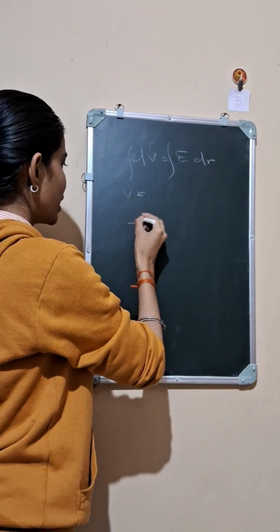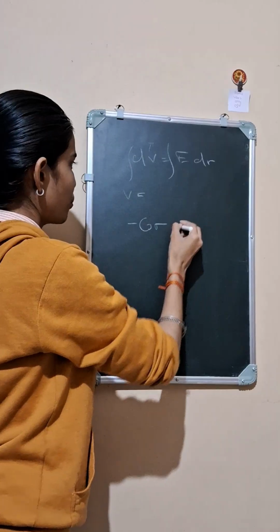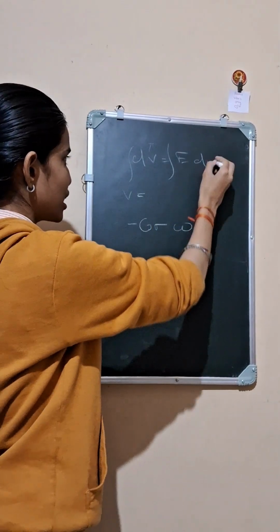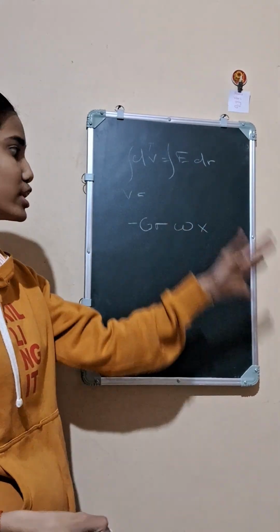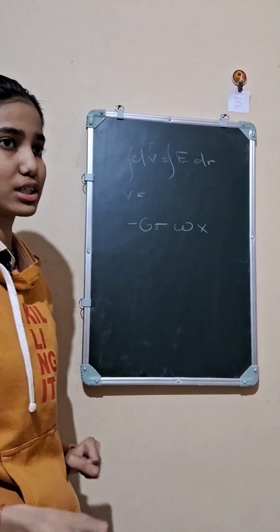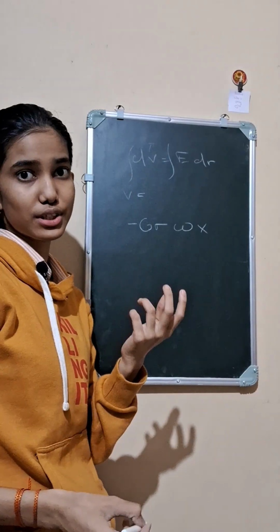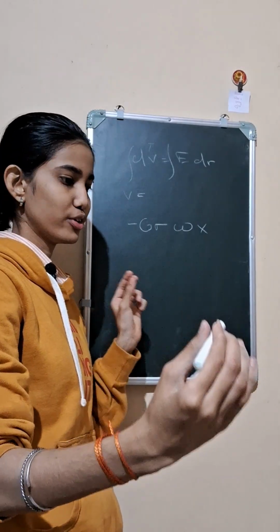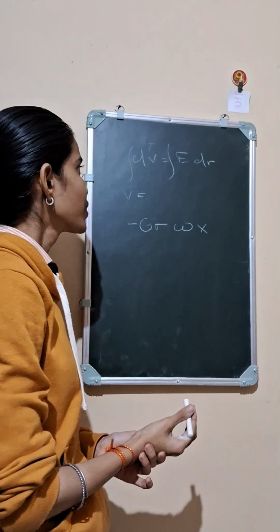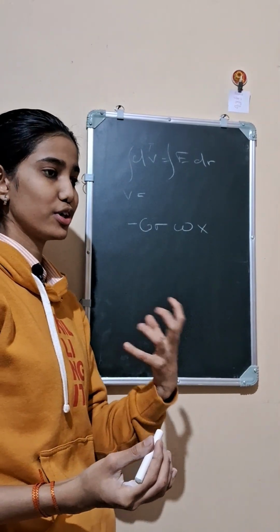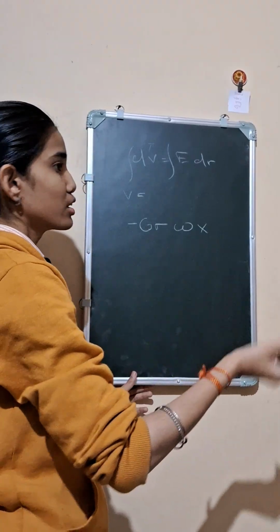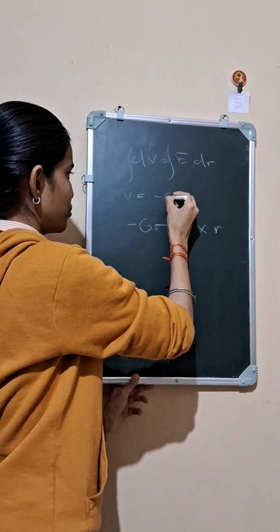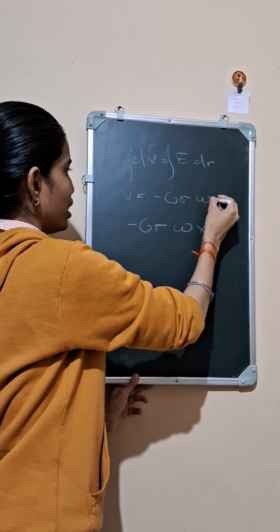Here we have minus G sigma omega as the field, multiplying it with dr. Integrating dr, the small distance, we will get the total distance between the point and the point where the mass is situated, which is r, and finally the potential will be equal to G sigma omega r.